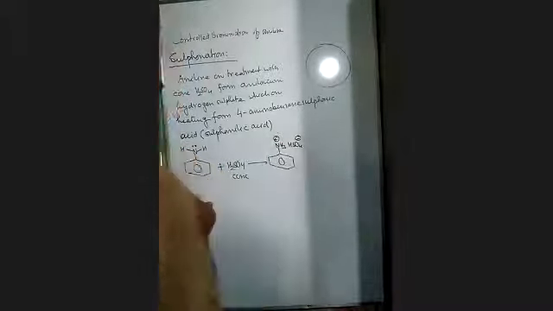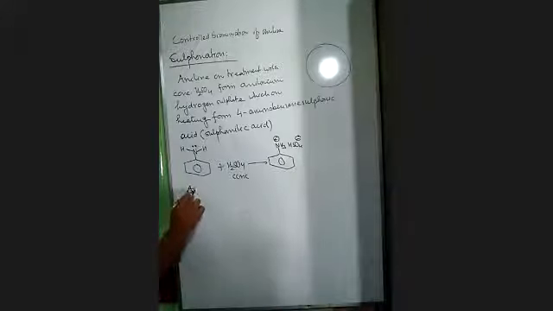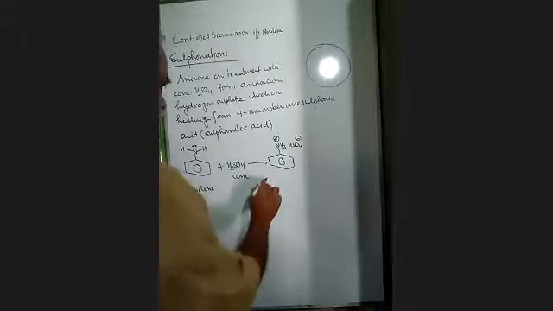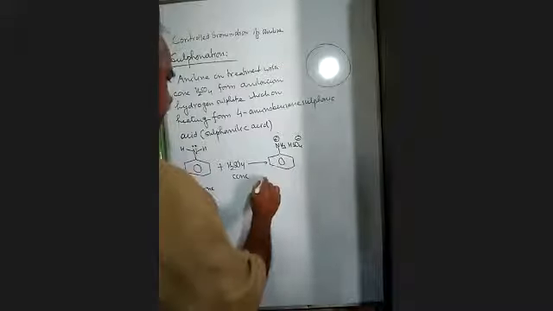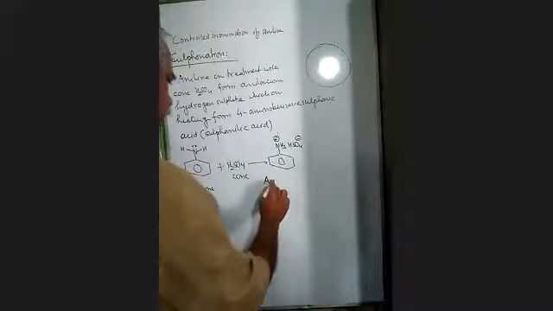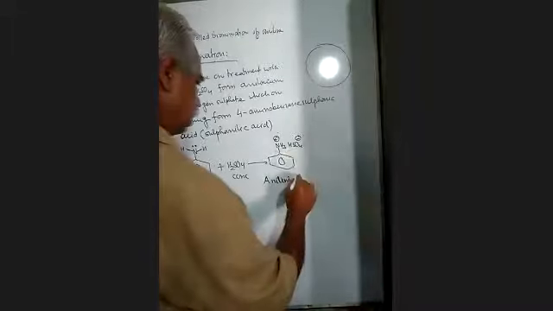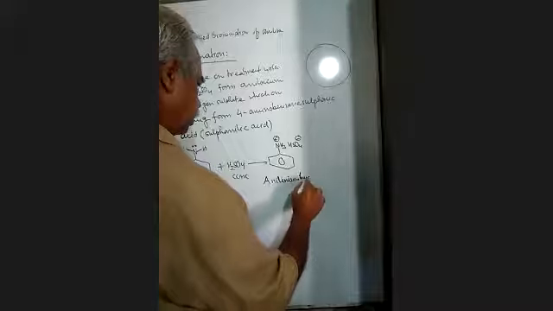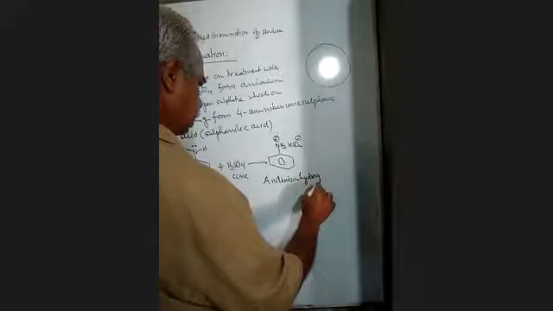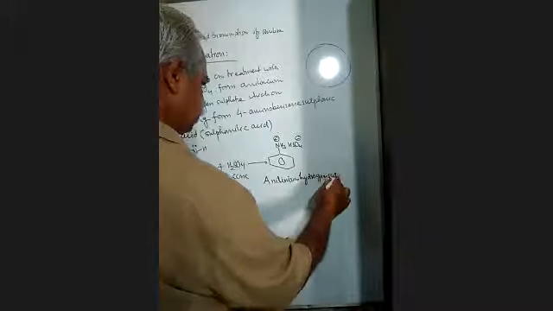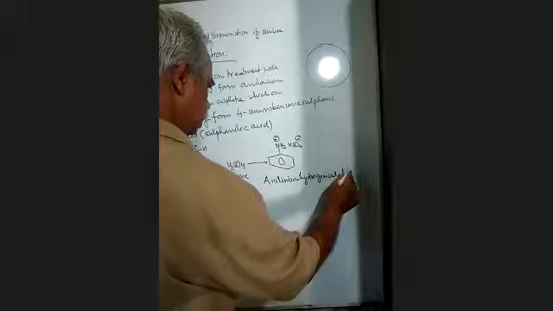So you'll get here aniline. And this is called anilinium, like ammonium. Anilinium hydrogen sulfate. Okay.